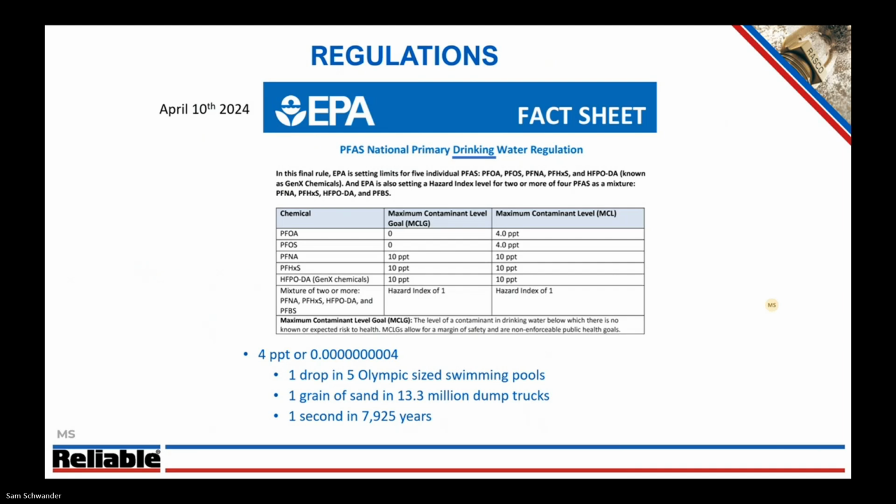So just as a frame of reference, we're looking at 4 parts per trillion for PFOA, the main material that kind of started all this. And that's equivalent to 1 drop in 5 Olympic-sized swimming pools, or a grain of sand in 13 million dump trucks, or 1 second in 7,925 years. So we're looking for something very, very small out in the matrix of water.